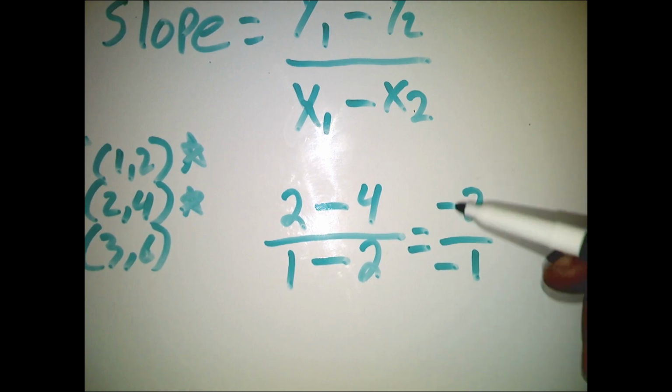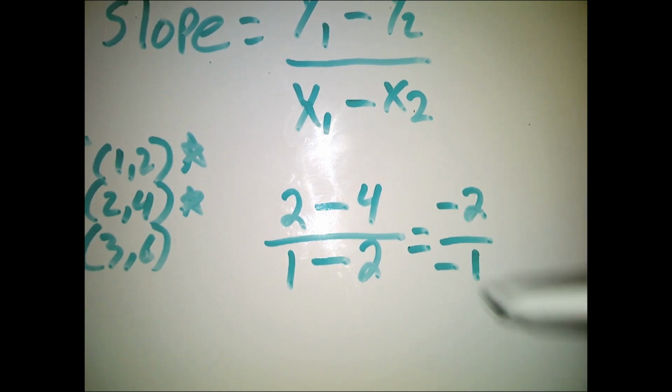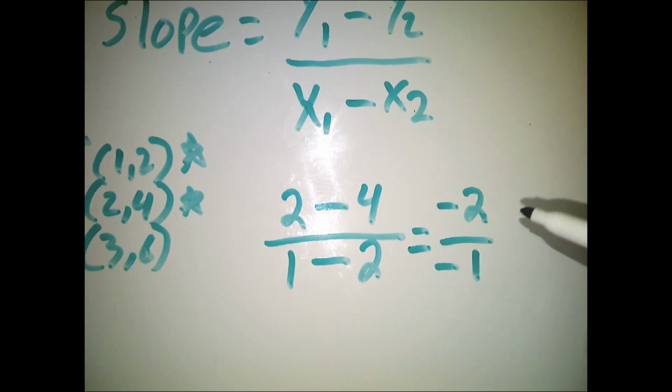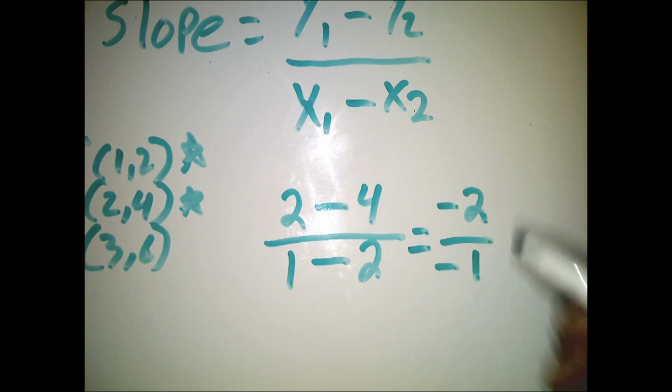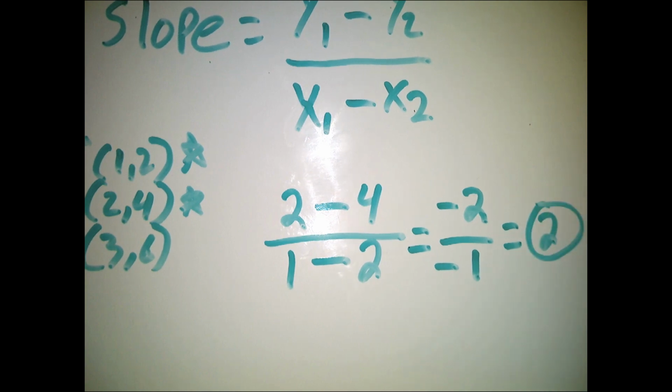And the division of two negatives, don't forget our song: same signs positive, different signs negative. So that is going to equal a positive 2. So the slope of the line that we drew and the data points would be 2.